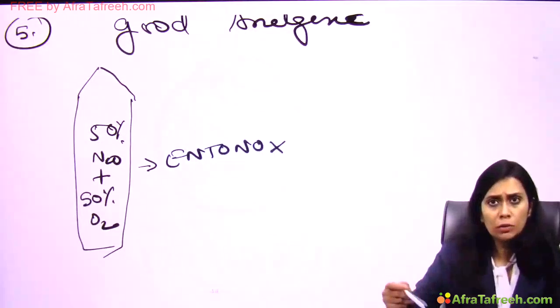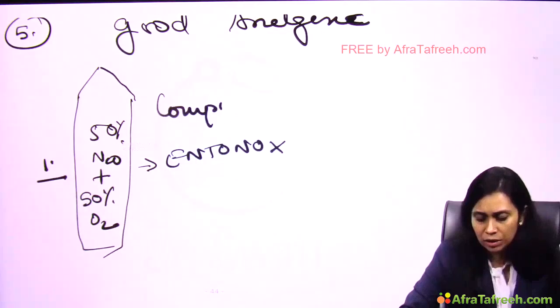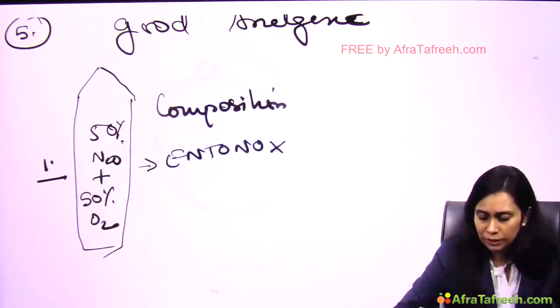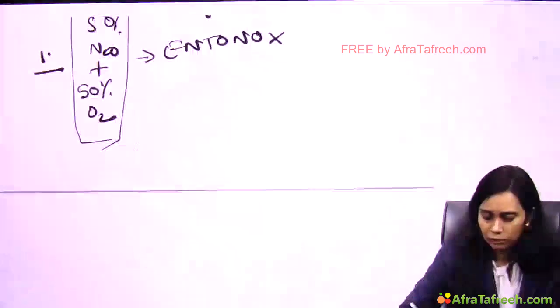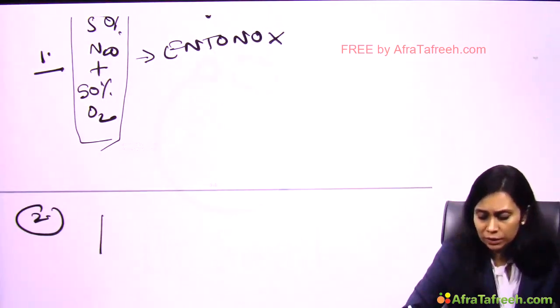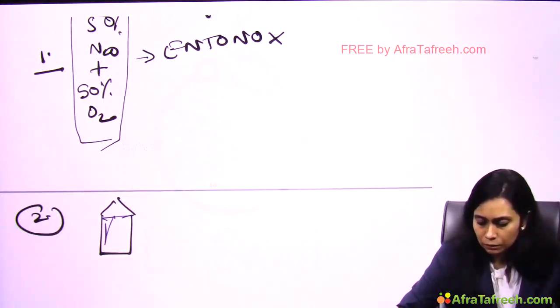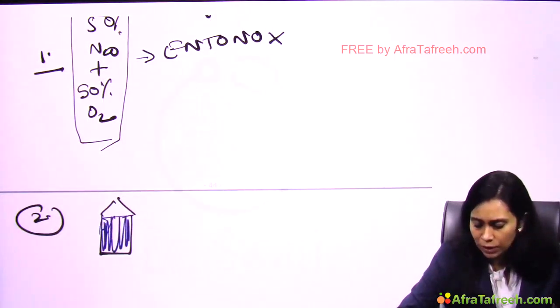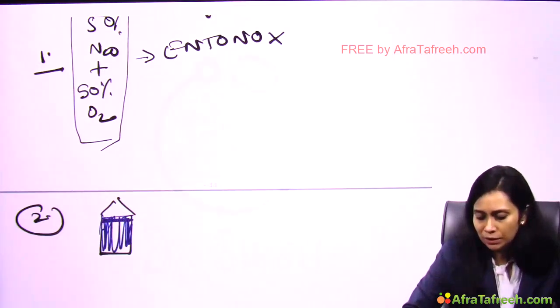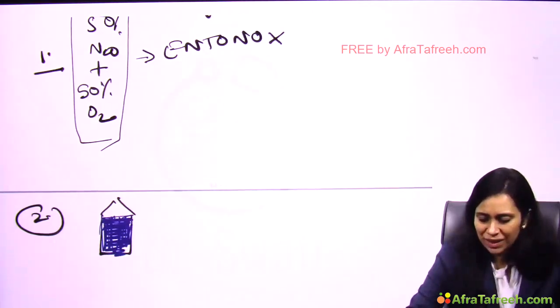So, Entonox, 4 points we have to know about it. Composition, which we have already written. Second, we have to know the color coding of the Entonox cylinder. This Entonox cylinder has a blue body and white shoulder, right? The body is blue, the shoulder white, a bit lighter shade of blue.